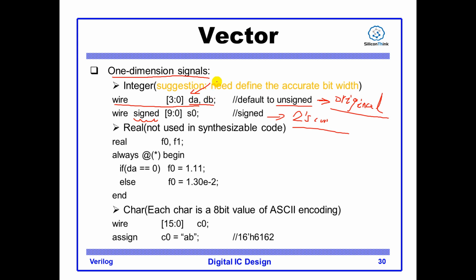For example, you can put 4-bit 1111 in this variable, and in the view of the designer, you can treat it as a signed value that is equal to -1. But from the tool's view, it will be treated as an unsigned value of 15. Okay.